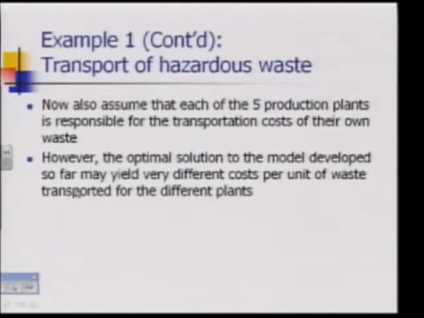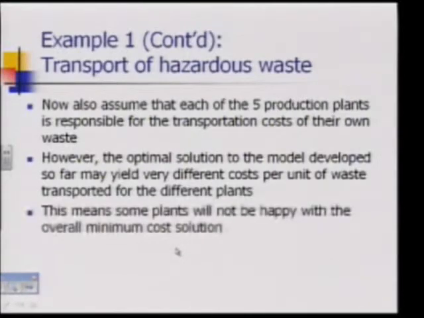So let's move on. However, the optimal solution to the model developed in the previous slide may give us different costs per unit of the waste transported for different plants. Okay, so in that case, we need to think carefully what we want to do.